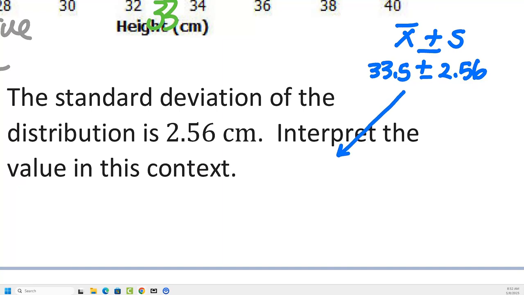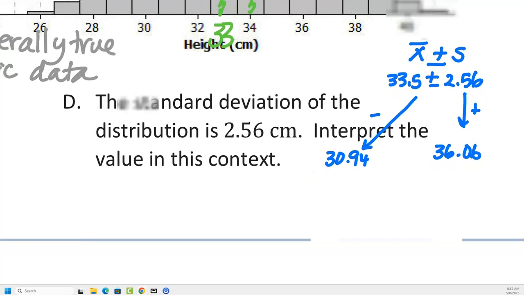When I subtract them, I'm going to tell you that it's 30.94. And when I add them, I'll tell you that it is 36.06. So the typical height of a compy is between those two numbers.